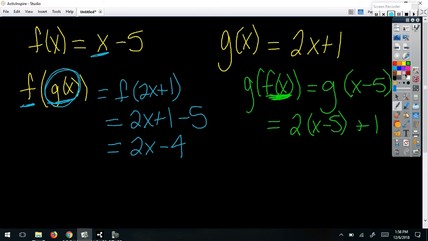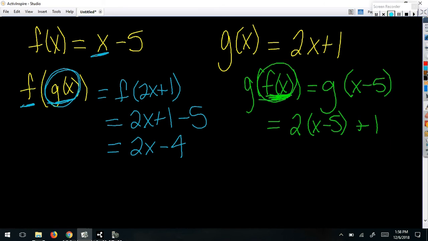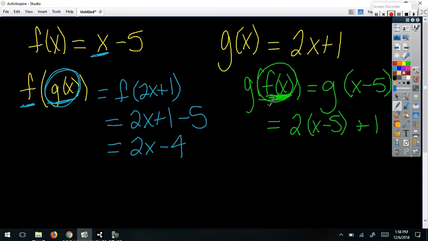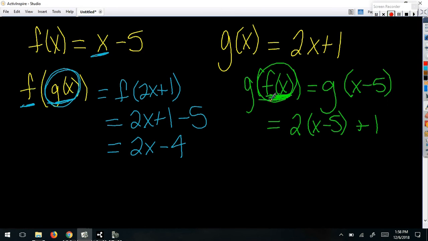Inside the parentheses is f of x. The first one or the second one? The green one or the blue one? Okay. G of x is 2x plus 1. Do you agree? So I replaced this with 2x plus 1. Which then tells me, look at f. This one?